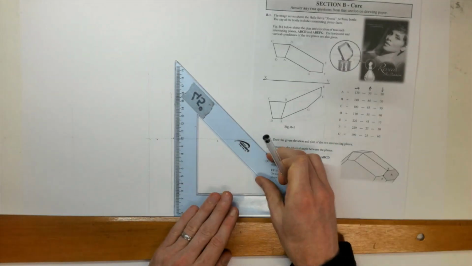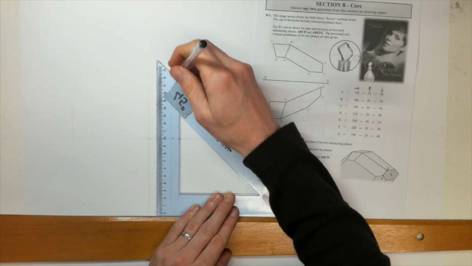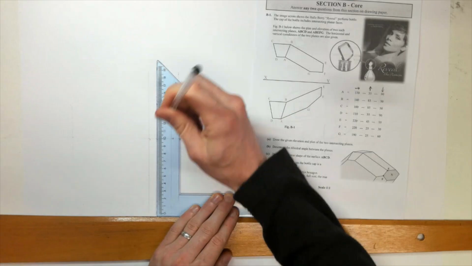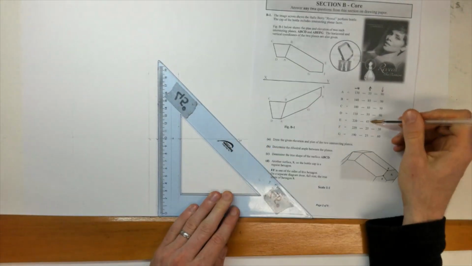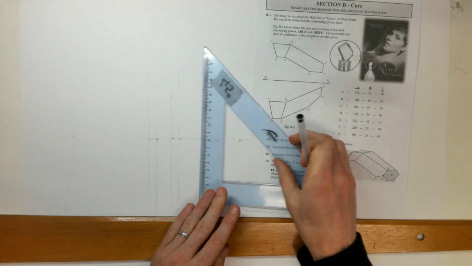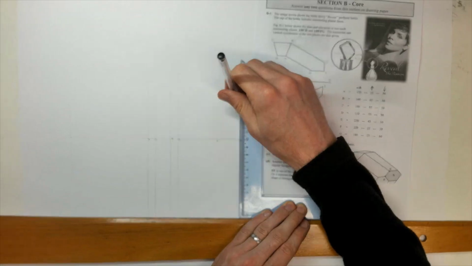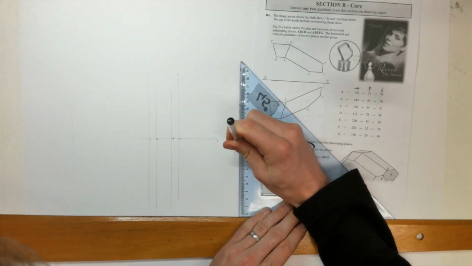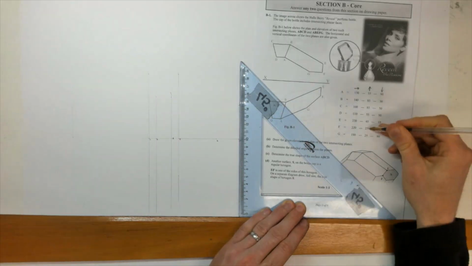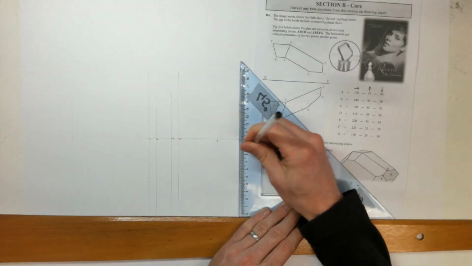D is 55 and 90. E is 45 and 10. F is 25 and 30.